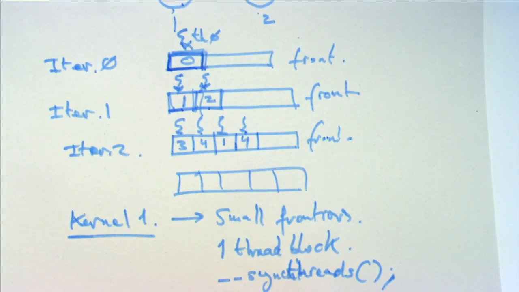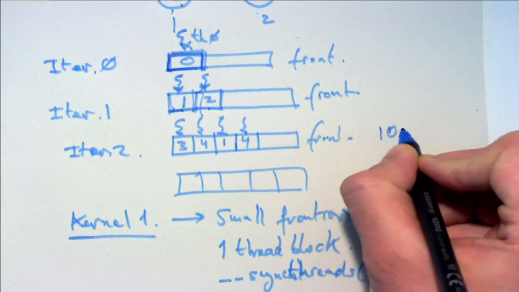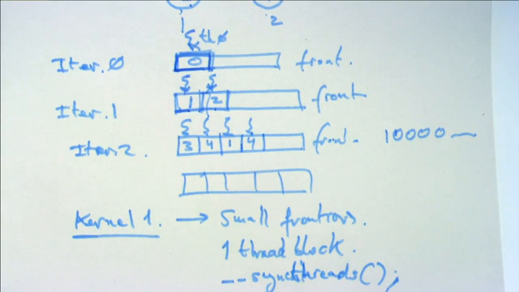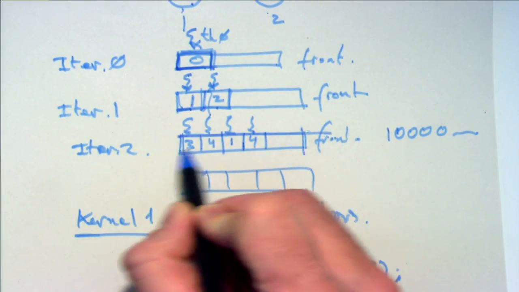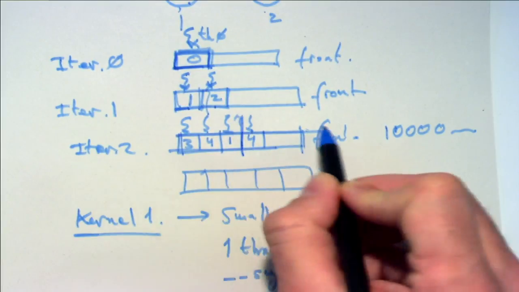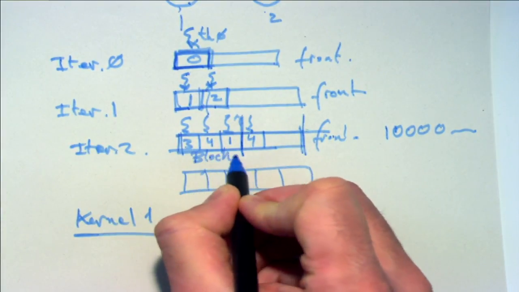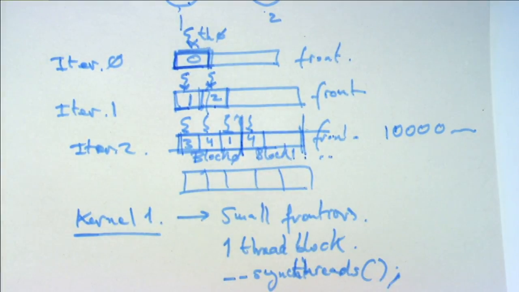But what happens if all frontiers are very large? What happens if our frontiers have thousands of elements? Then we will need to use more than one thread block. And if we need to use more than one thread block, we will be dividing each frontier into different parts, different chunks that are assigned to different thread blocks, block 0, block 1, and so on.